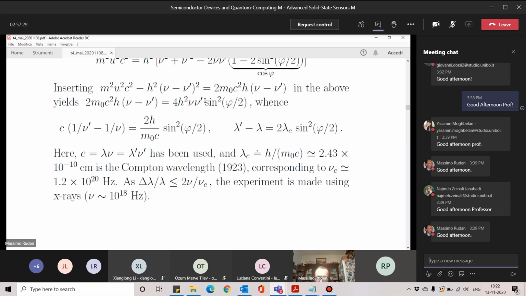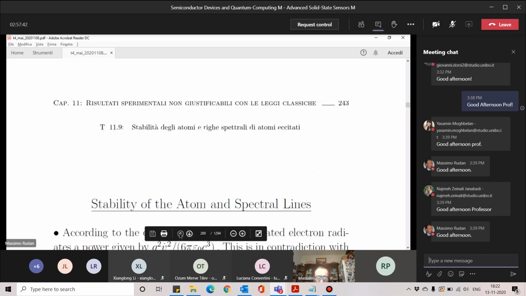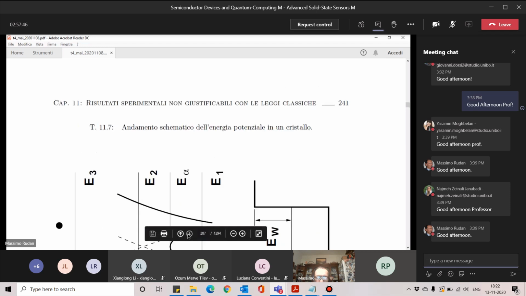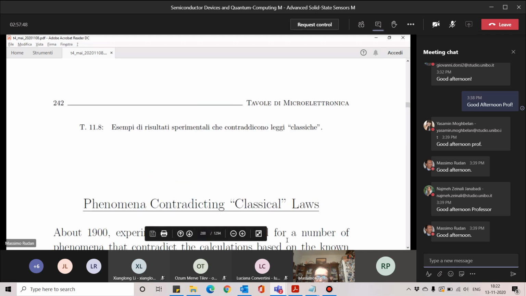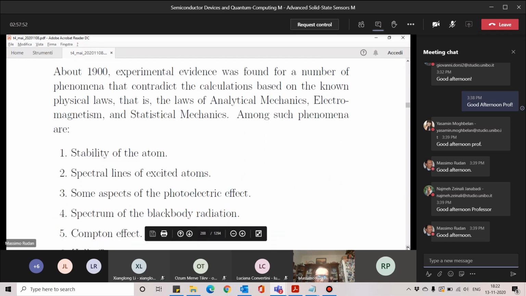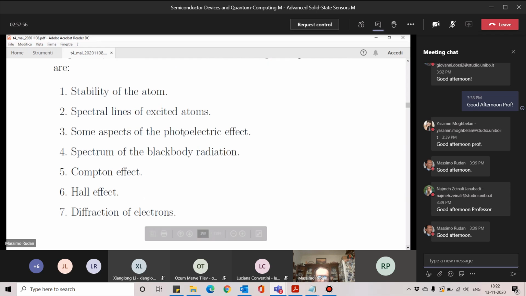Let me go back to the original list. Okay, so we have examined the stability of the atom, the spectral lines of the excited atoms.